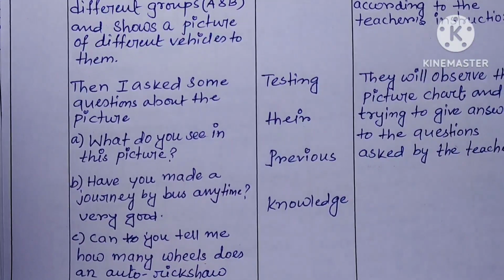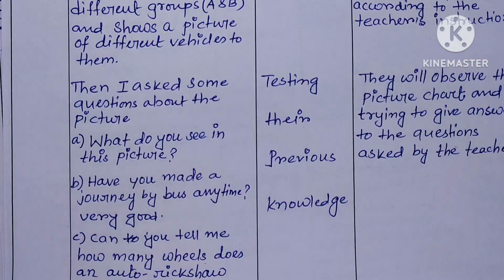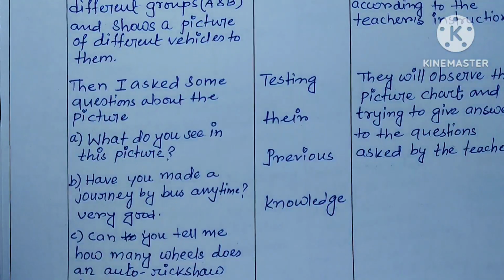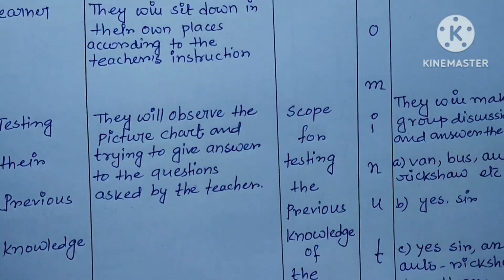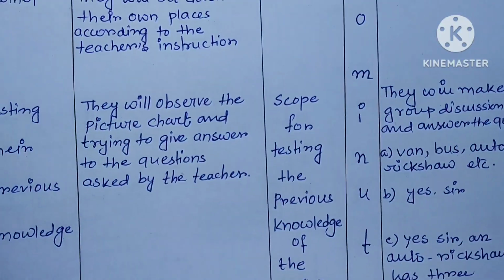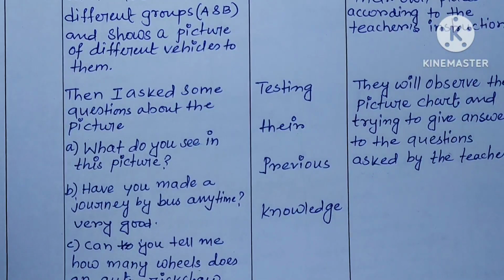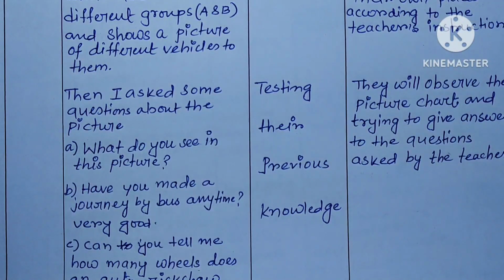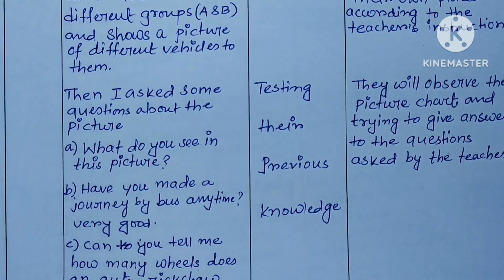So what are the questions? What do you see in this picture? The picture which I show to them, from this picture I ask the questions. They will answer van, bus, auto rickshaw, etc. As the picture is a picture of vehicles, the names of some vehicles are told by them.